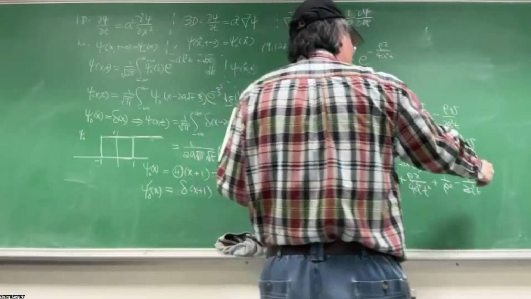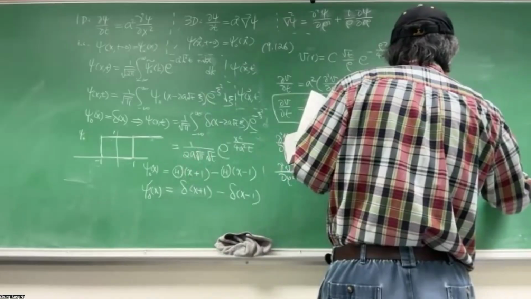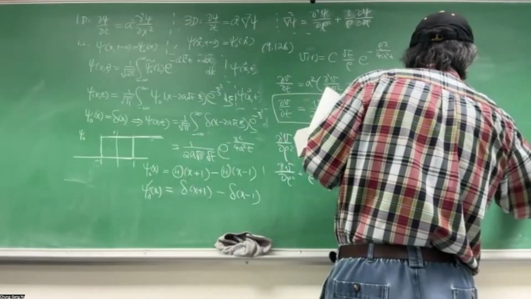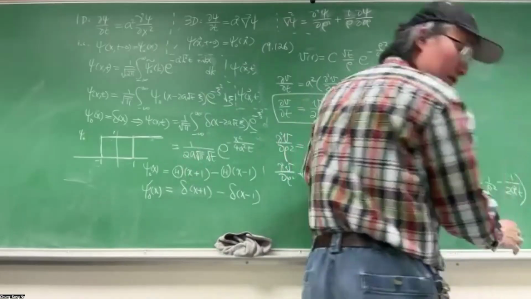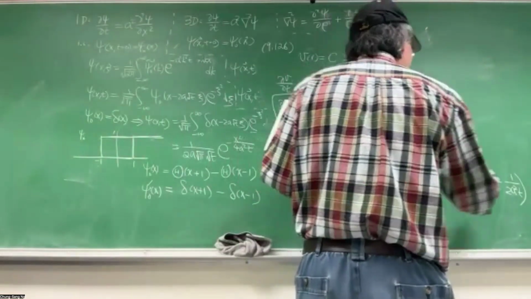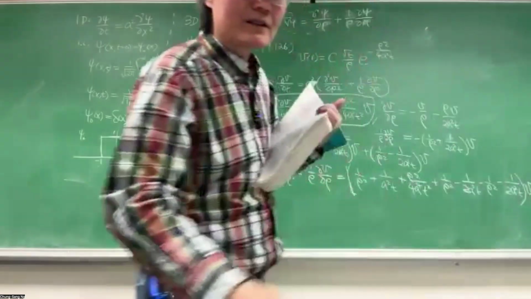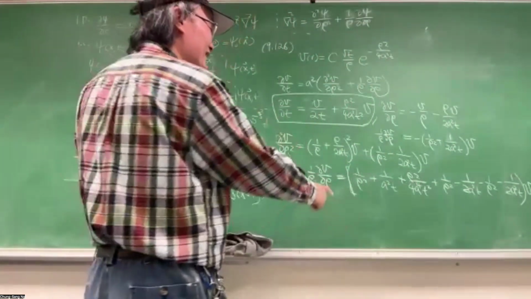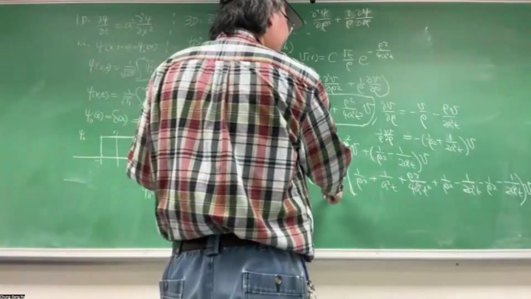And then this one minus 1 over rho squared minus 1 over 2a squared t. Almost get everything. Yeah, almost.